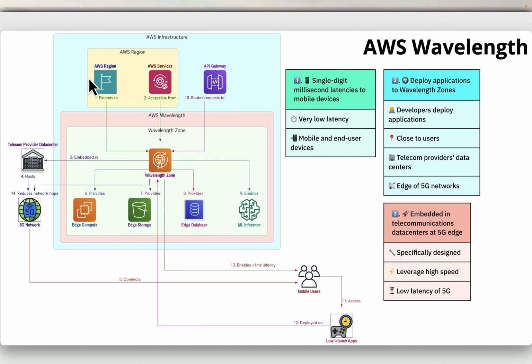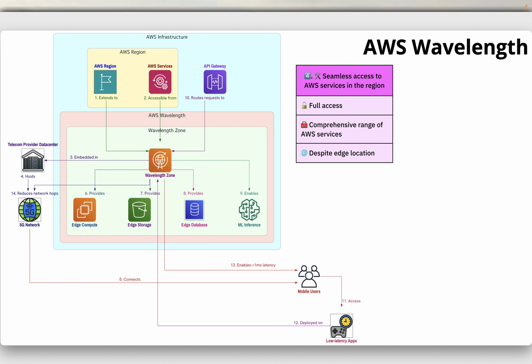AWS has partnered with those telecom providers to put their services like compute, storage, databases, and ML inference in the telecom providers, co-located with them. So it offers seamless access to AWS services in the region.